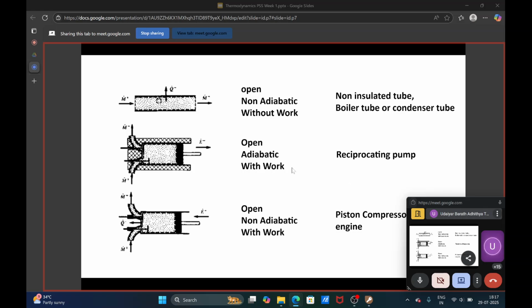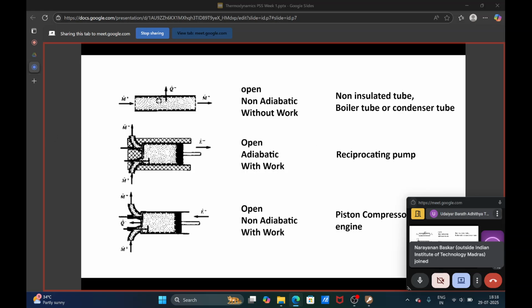Similarly, you ought to see pumps, reciprocating pumps, or a piston compressor in the engine. All can be brought down as a system, and the mass transfer and energy transfer can be accounted for, and you can see how the system can be broken into pieces and brought into study.